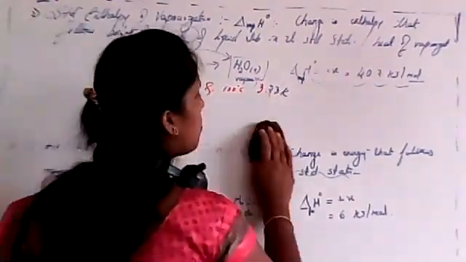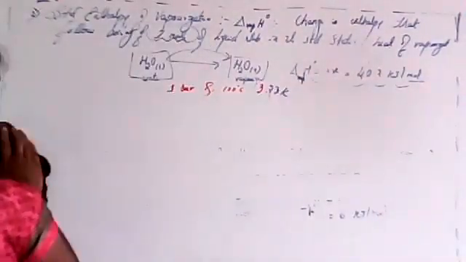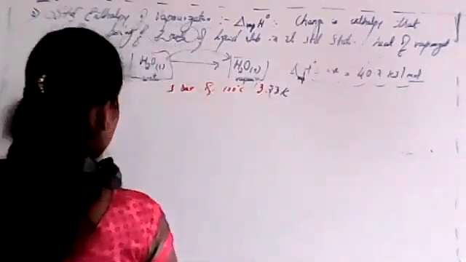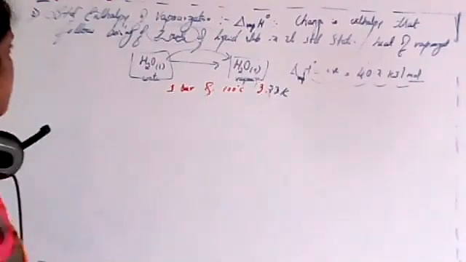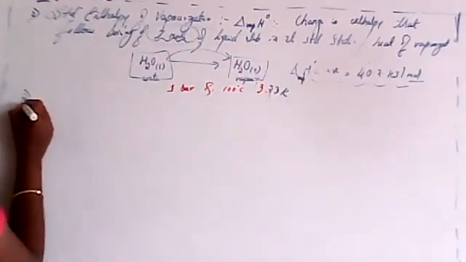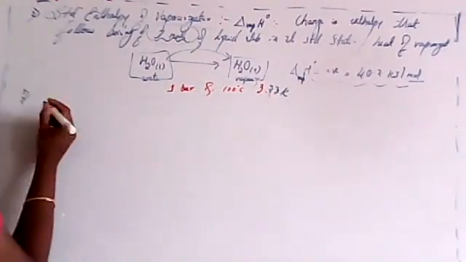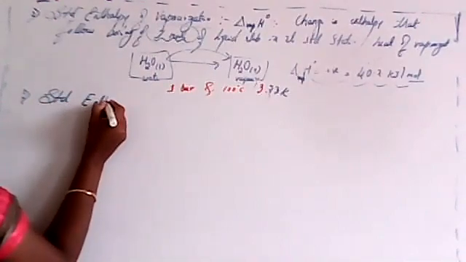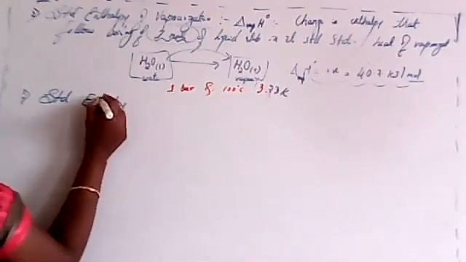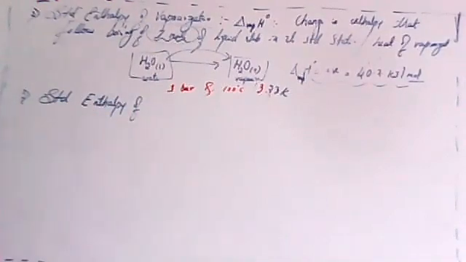See, these statements are very important for 1 or 2 marks. So a question may arise: what is standard enthalpy of fusion? What is standard enthalpy of vaporization? And the third one is standard enthalpy of, the last one.